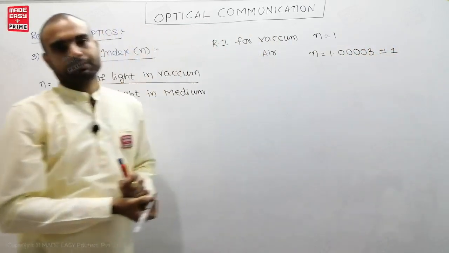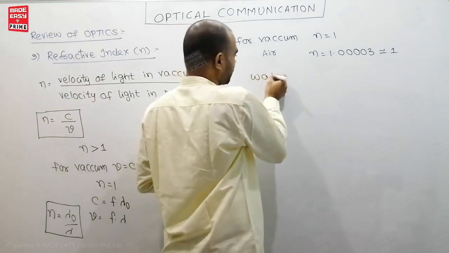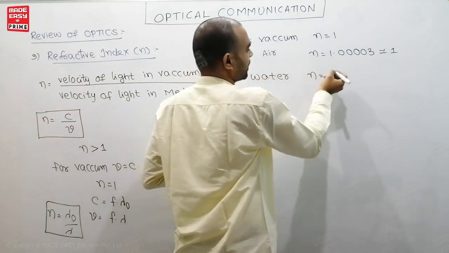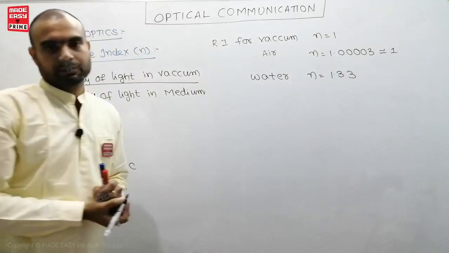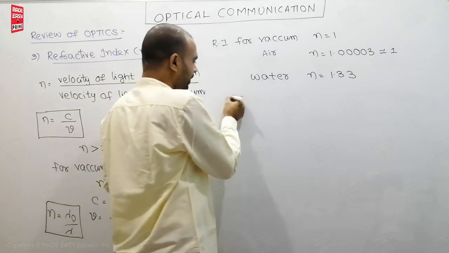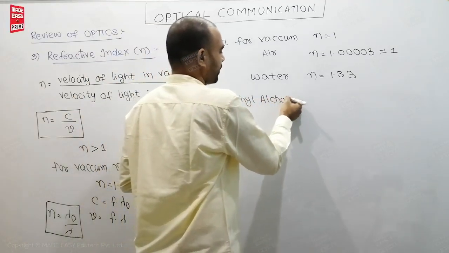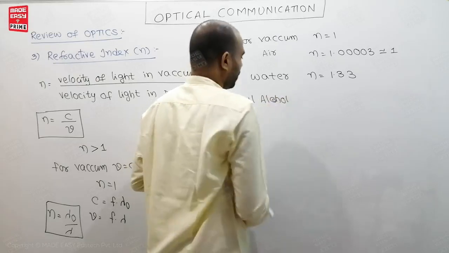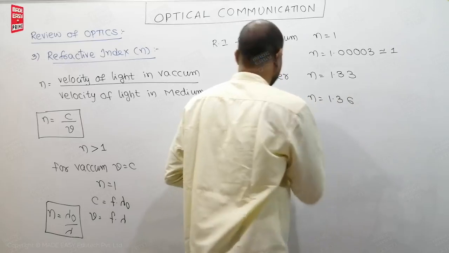Next, for water, n is equal to 1.33, and for ethyl alcohol, n is equal to 1.36.